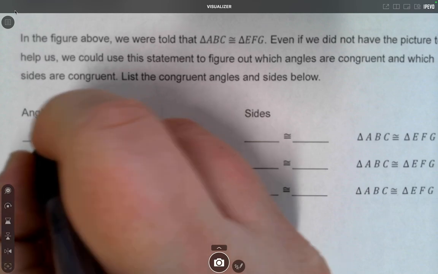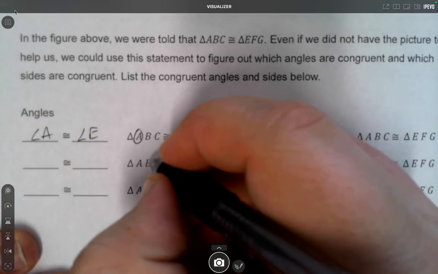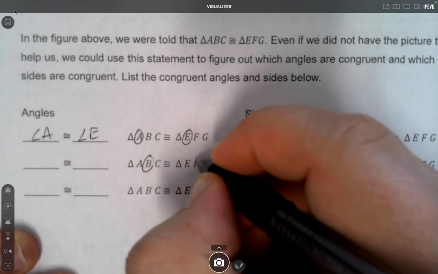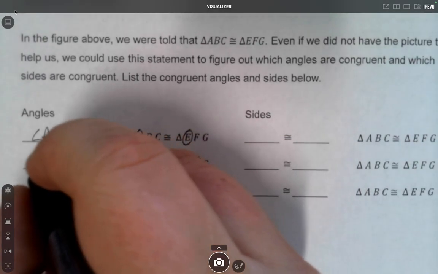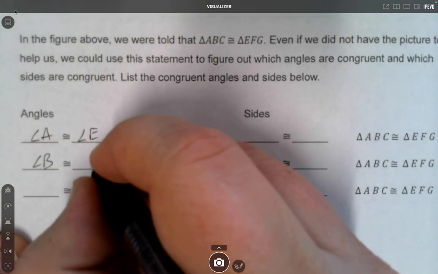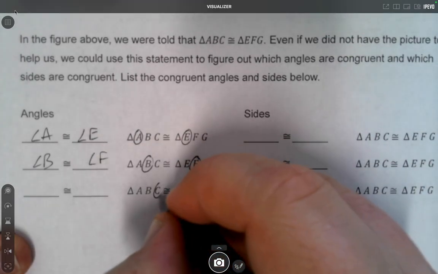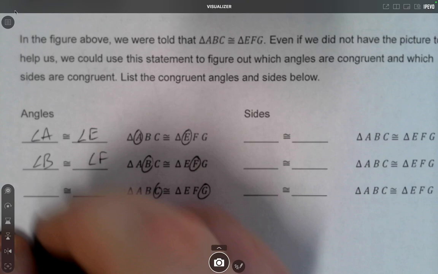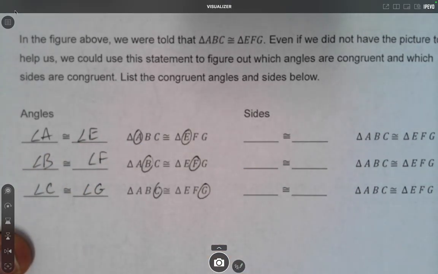So angle A is congruent to angle E. Whatever's listed second in this triangle is congruent with whatever's listed second in this triangle. So angle B is congruent to angle F. Whatever's listed last in each triangle is also congruent: angle C and angle G.